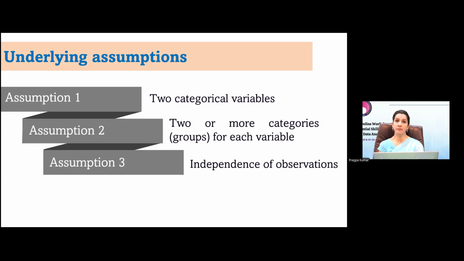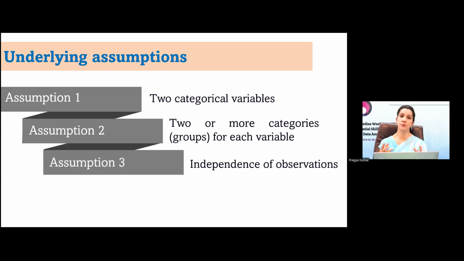So what do I mean by independence of observation? Each row in a data set should be unique and should not be related to any other row. How is that violated? First, if you recruit one individual twice, then it doesn't hold true.